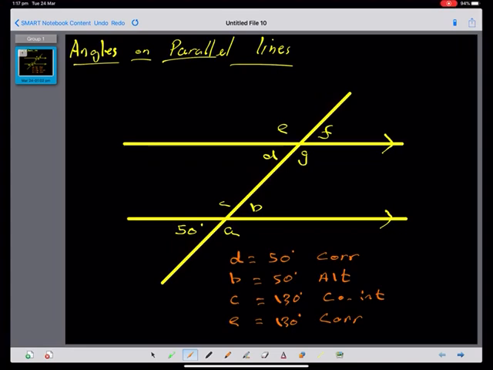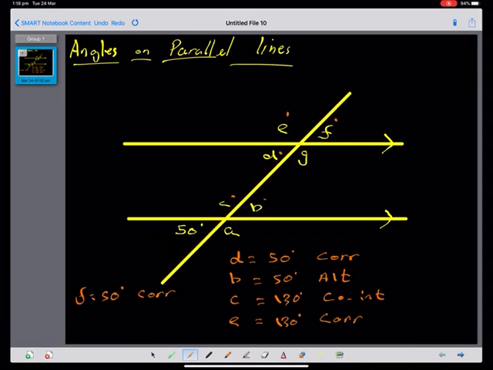We can say that F is equal to B, which is 50, by corresponding angles. Okay, so we've done D, B, C, E, and F.